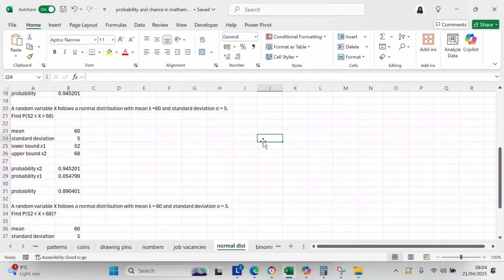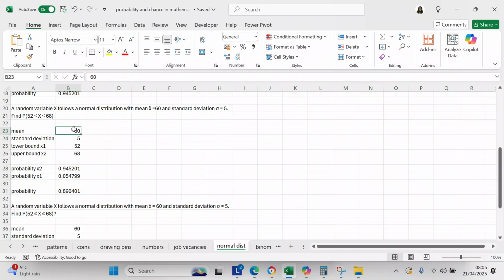So now the next question we have is a random variable x that follows a normal distribution with x bar equals 60 and standard deviation equals 5, and find the probability of 52 less than or equal to x less than or equal to 68.